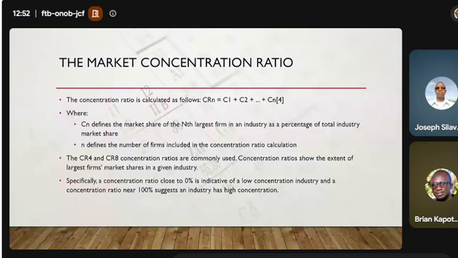So our determinant for market share mostly was the seed sale. We could come up with the number of seeds sold per company as total, and then we calculate the percentage of what we have sold as a company to determine the market share. That's what I wanted to contribute.